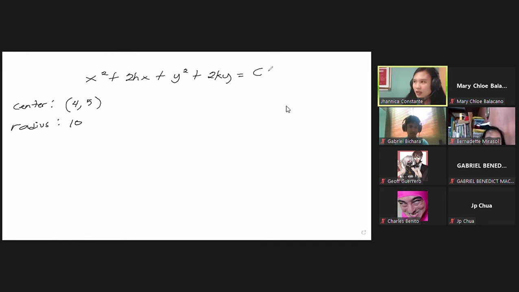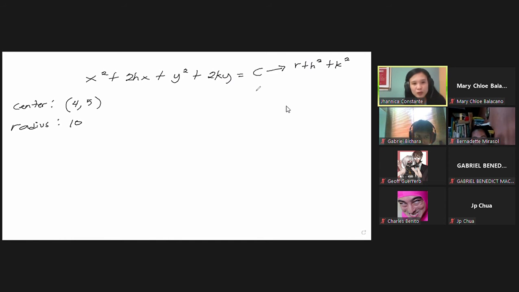The C in the expanded form of our equation is equal to the radius times 2 times h times h squared, radius plus h squared plus k squared.